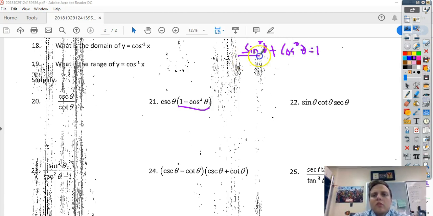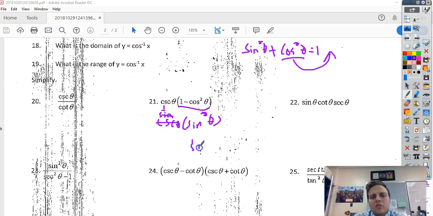If I was to move the cosine squared over, I would get 1 minus cosine squared theta, so I'd be able to instead put sine squared. And then I know that cosecant is actually 1 over sine. So then I have a sine on top, a sine on bottom. One cancels out from the top, the only one on the bottom cancels, and I'm left with just sine overall.